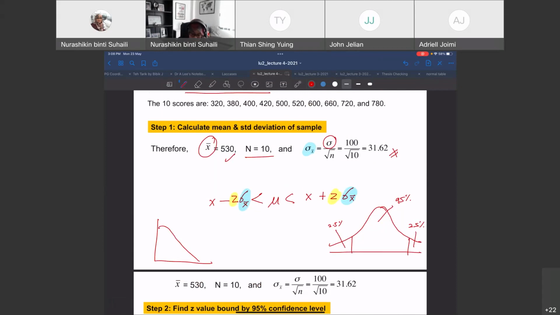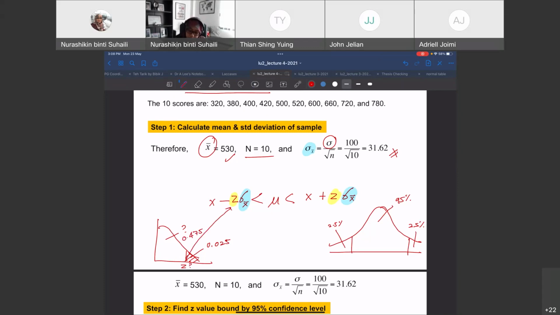Here is 2.5% or 0.025. So what's the area over here? 0.5 minus 0.025, so the area here is 0.475. And we have to know what the z value is over here. That is the z value that we are looking for.